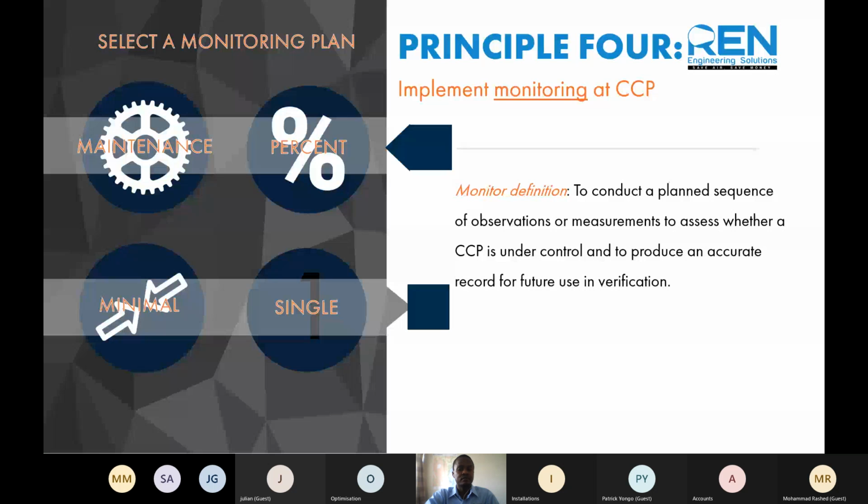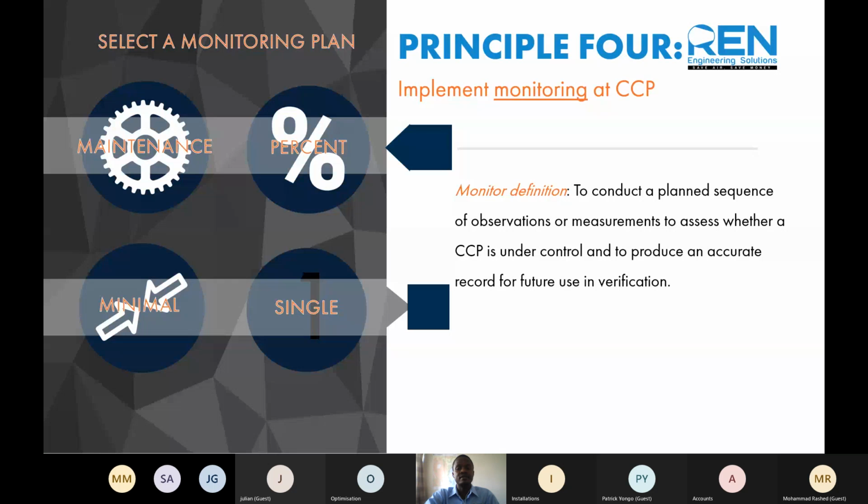So the monitoring plans can take different approaches. One is percentage based, where you say, we will test 25%, 33%, or even 50% of the critical control points where air comes into direct contact with our products. Another approach is maintenance based, where you could do a quality test before and after filter changes. This could help you determine how frequently you should change the filters.